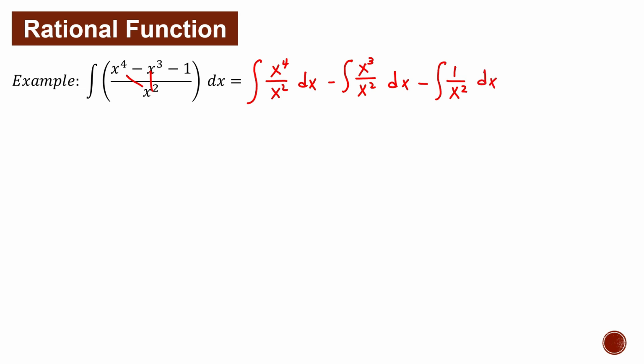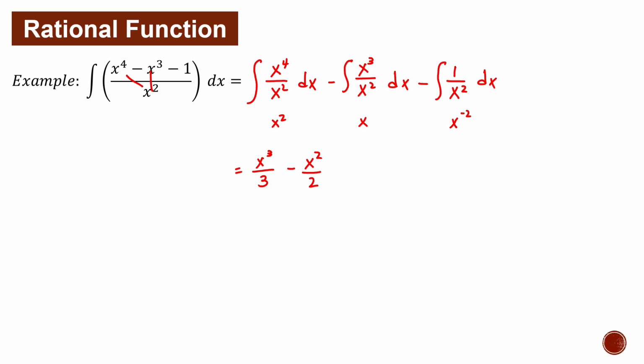Alright, so we understand that this is going to be x squared, and this is going to be x, and this is going to be x raised to negative 2. So let me just write that, I don't want to write everything, it's a lot of work. So remember, x raised to 4 over x squared is x squared, so we simply add 1 to that. That's going to give us x raised to 3 over 3. And then this is minus x squared over 2.